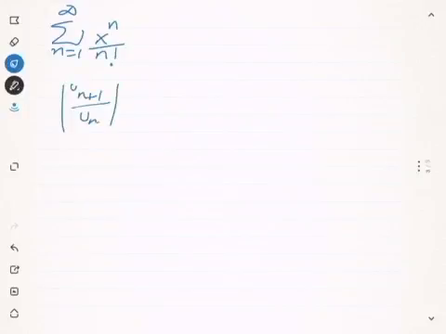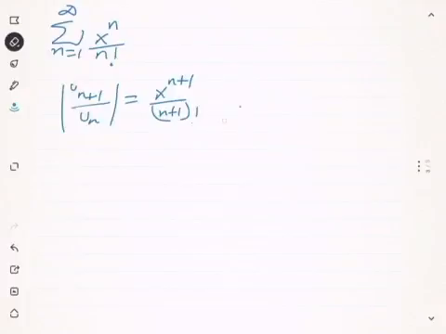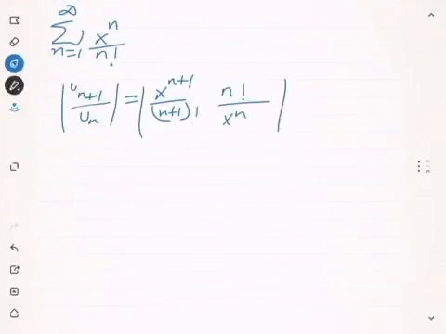Like that, you take that in absolute value. This is x to the n plus 1 divided by n plus 1 factorial times n factorial divided by x to the n power. Anyway, this is x to the n plus 1 divided by n plus 1 times n factorial, times n factorial over x to the n.